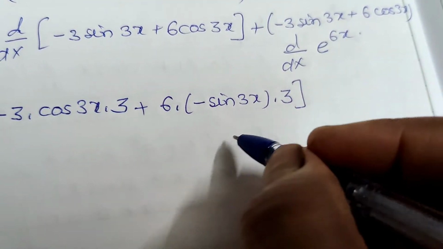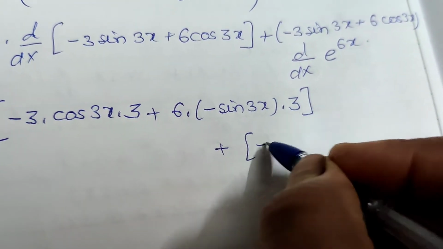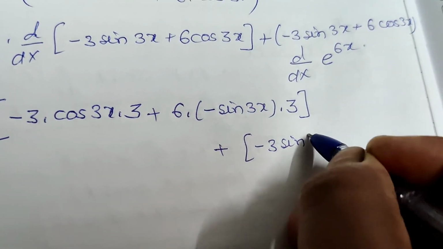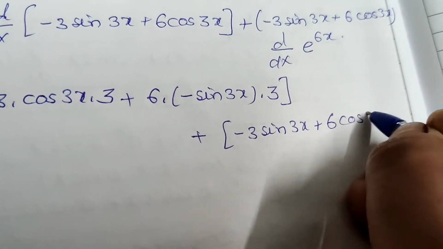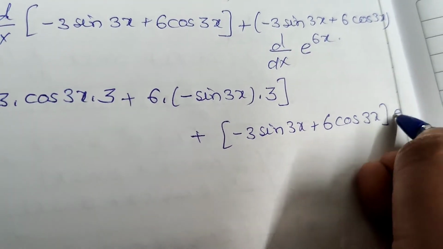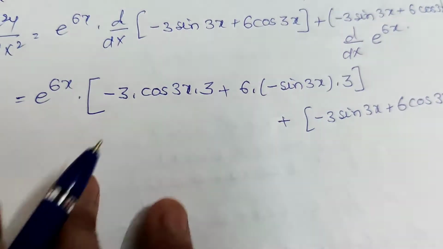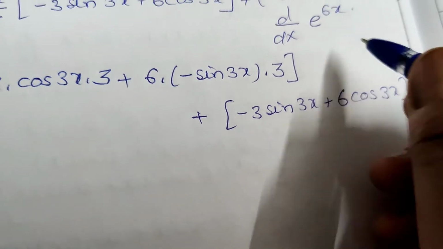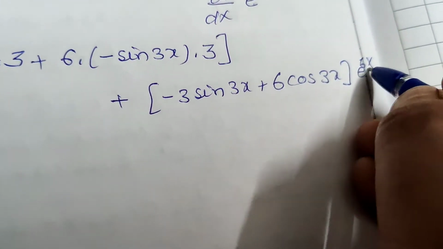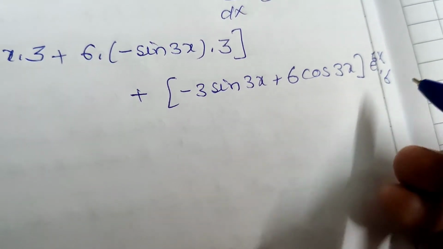And in this, minus 3 sin 3x plus 6 cos 3x into e raised to power 6x, not the x. Differentiation of e raised to power 6x is into 6.